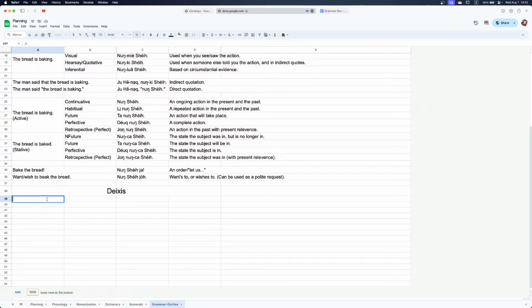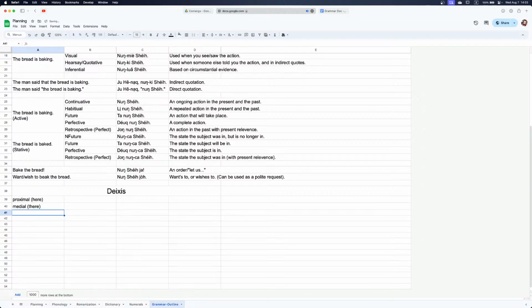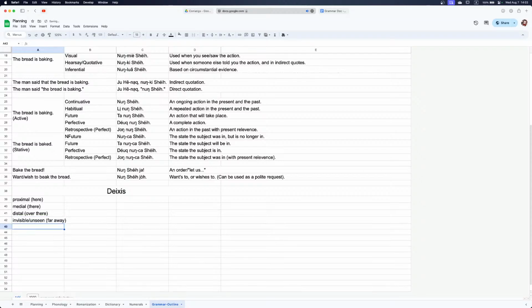Okay, so in this language we have proximal, here, medial, there, distal, over there, and a fourth: invisible, unseen, far away. That seems good.